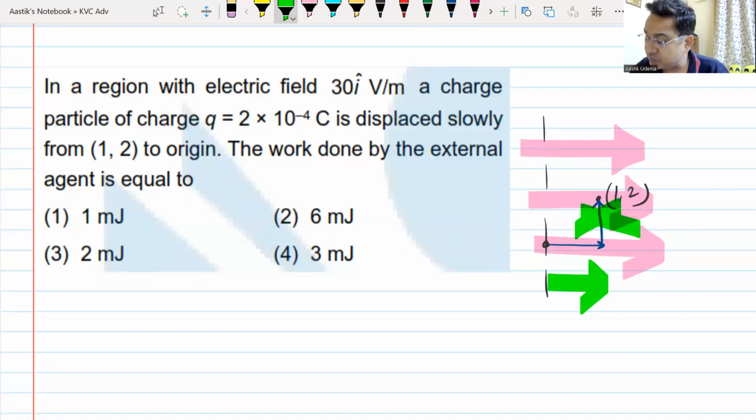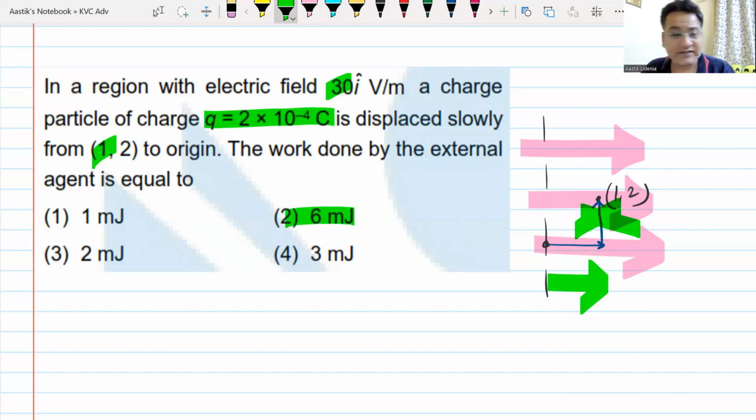How much is the force? Multiplied by the distance: Q into E into the parallel distance. Q is given as this one, and the electric field is given as this one. I only have to move it along the x-axis because along the y-axis there is no work done. So I have to multiply these three quantities, and the answer is 6 millijoules. That is the answer we are looking at.